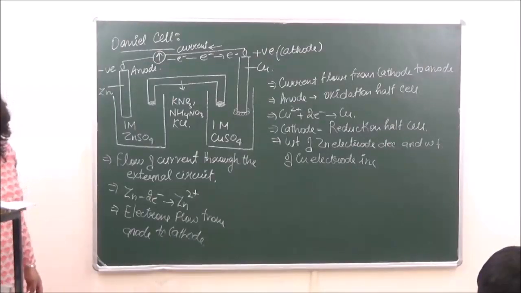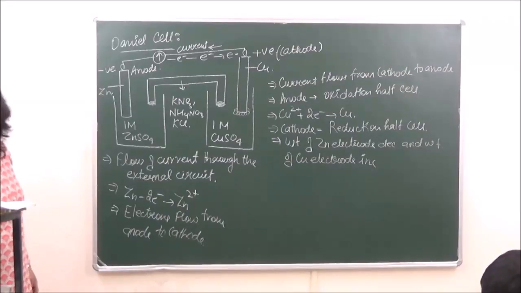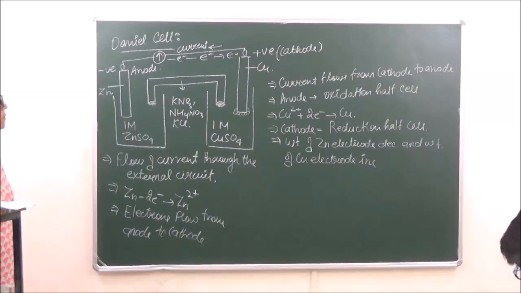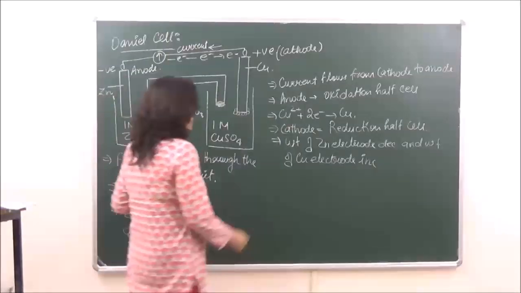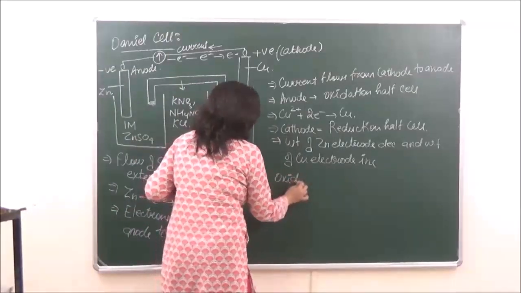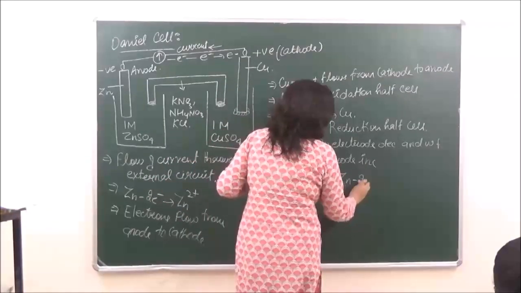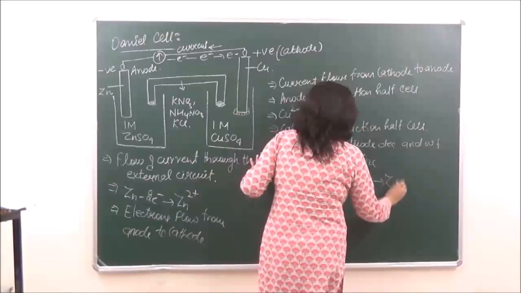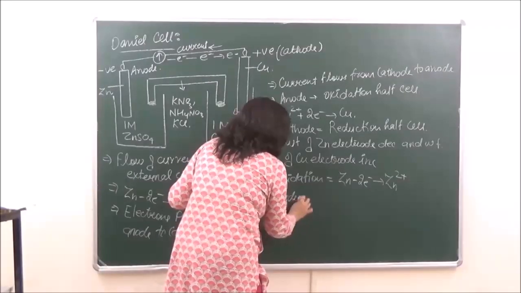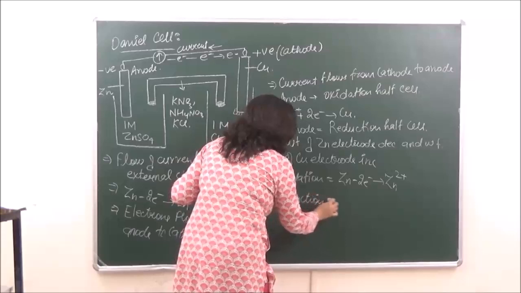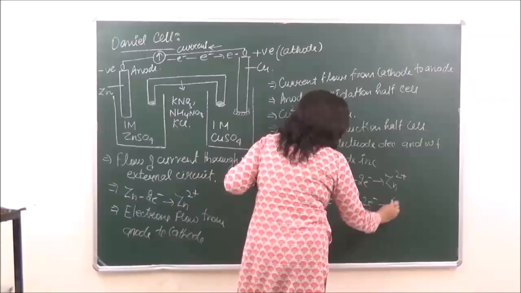Okay, so over here at the anode always oxidation is going to take place, and at the cathode always reduction is going to take place. If we combine both the oxidation and reduction half reactions, what is the oxidation half reaction over here? Oxidation half reaction is Zn minus 2 electrons to give us Zn2+, and reduction is Cu2+ plus 2 electrons to give us Cu.